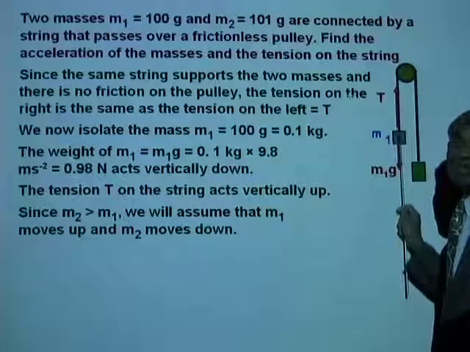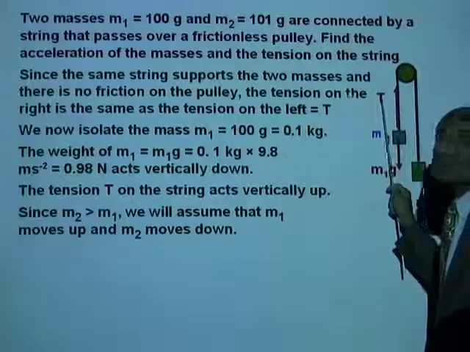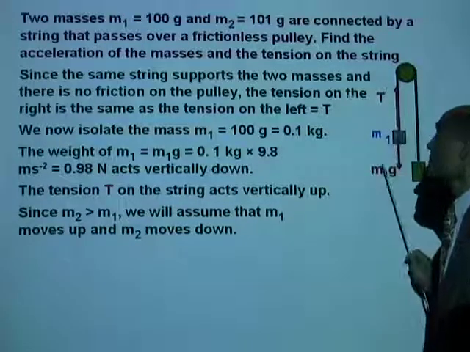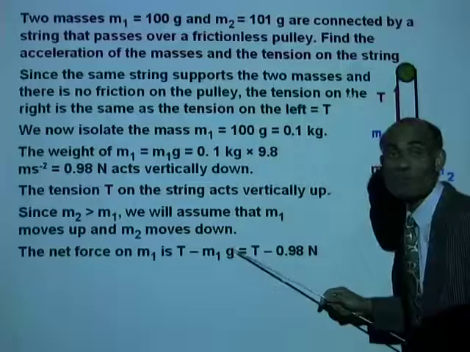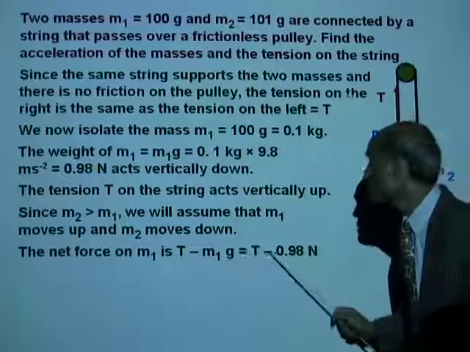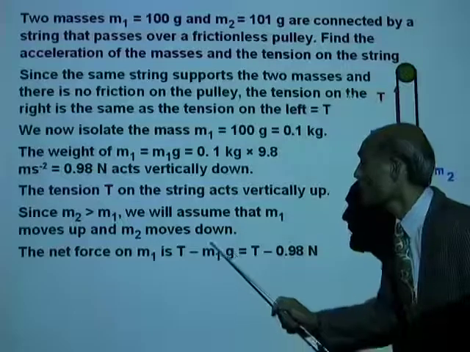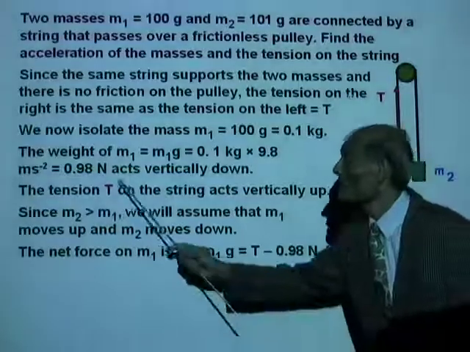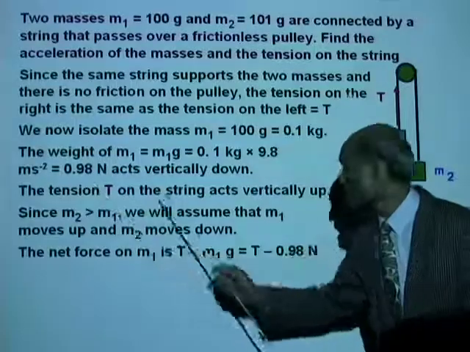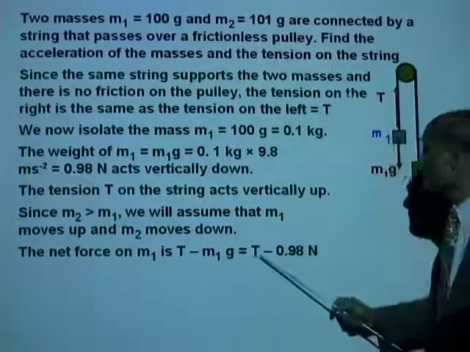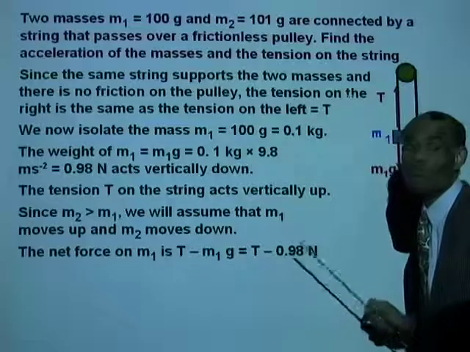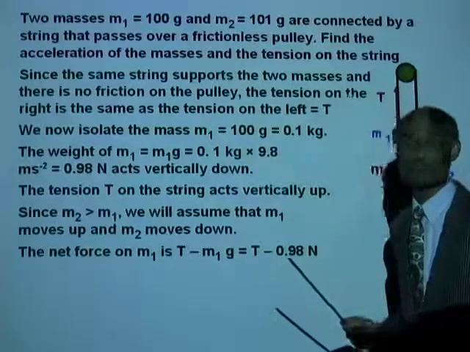If M1 is going to go up, T is going to win. That means T minus M1G, which is T minus, you can see we calculated M1G. M1G is 0.98 Newton. So the net force on M1 is T minus 0.98 Newton.